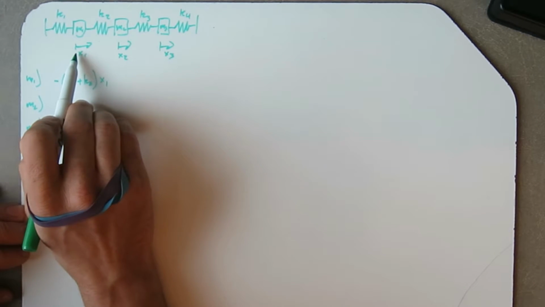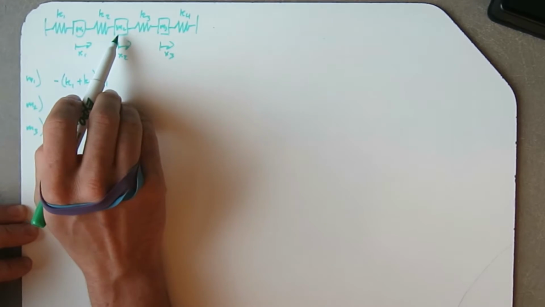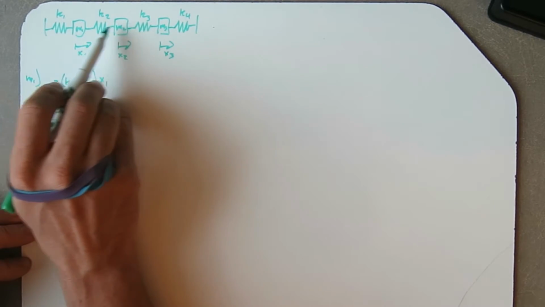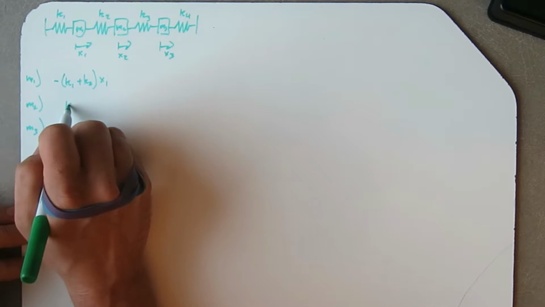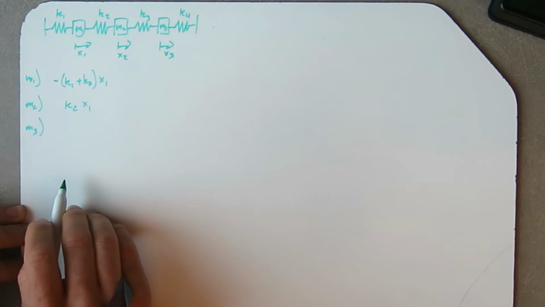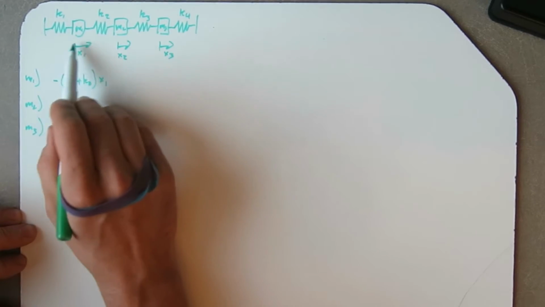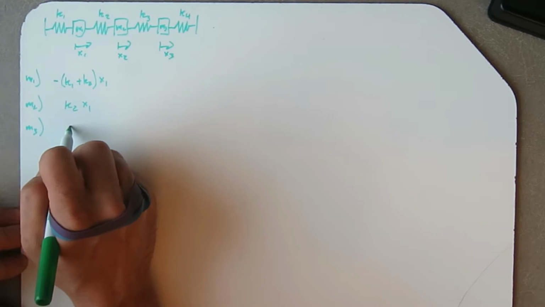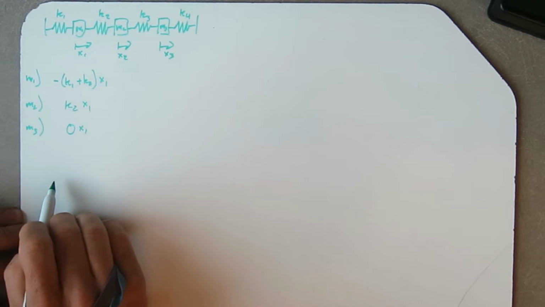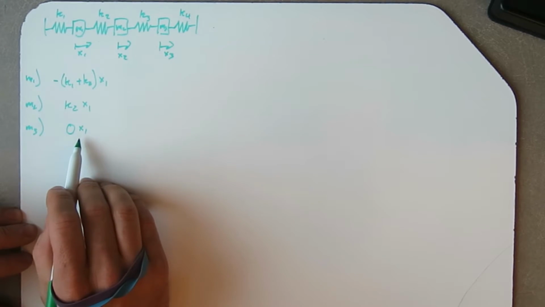And then once again, if we displace x1 positively, we're squishing K2, so M2 is going to feel a push from that squished K2. So it's going to get a positive K2 x1. M3 is not connected to K2 or K1, which are affected when you move x1. So M3 does not feel anything directly when you displace x1 positively.